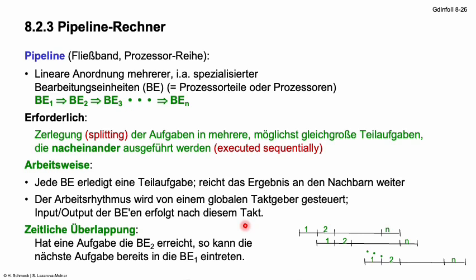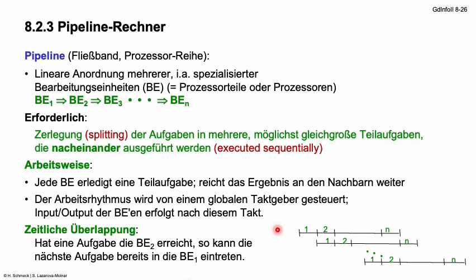So what happens here, we have a temporal overlap. Here we have the first task and it has been completed. As soon as it has reached processing unit 2, processor 1 is idle or free, so it can start processing the second task.